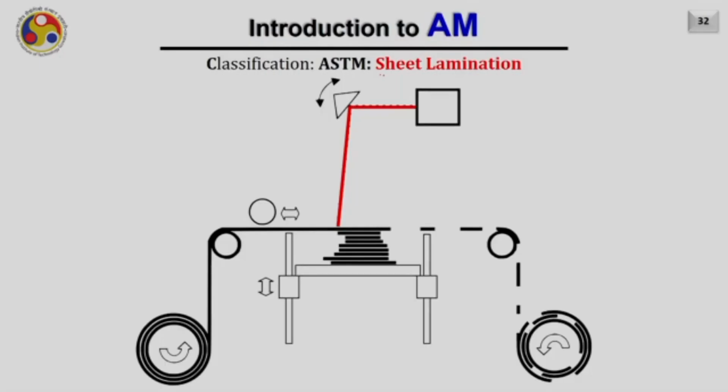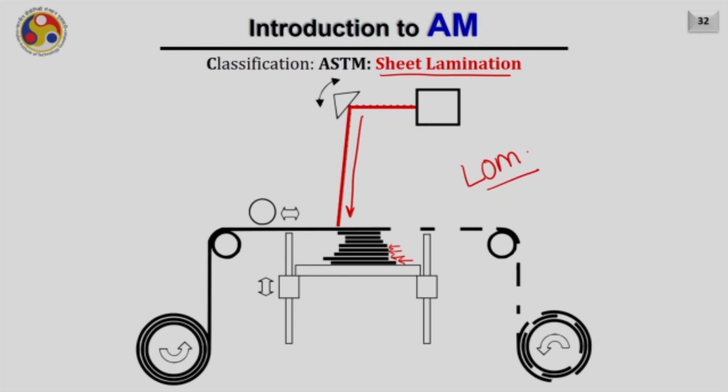Therefore, all the sheet lamination based processes are hybrid in nature, meaning they use a subtractive process also along with it. How does it work? We keep the layers of sheets together like this. They are joined together through pressure or thermally activated glue, and then from the top there is a laser coming, it cuts the sheet. This particular process is called LOM, laminated object manufacturing, and is applicable for paper only.